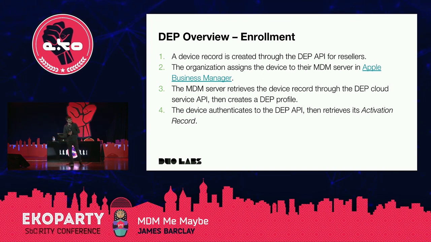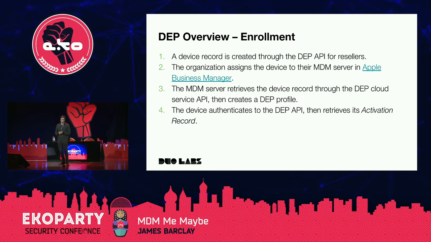So next, I'm going to just go over the enrollment process. So what happens when a device boots up for the first time and checks in with DEP? So there are several asynchronous steps that need to be satisfied in order for a device to enroll in MDM via DEP. Initially, a device record needs to be created by the reseller or by Apple.